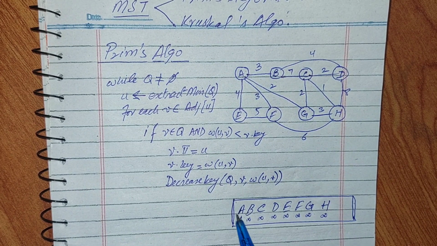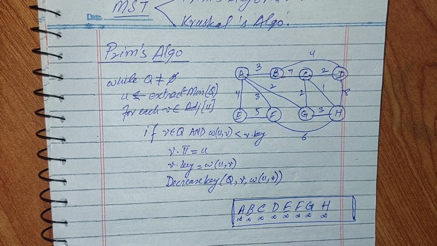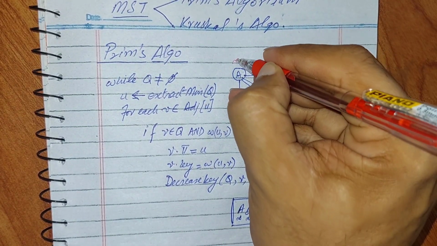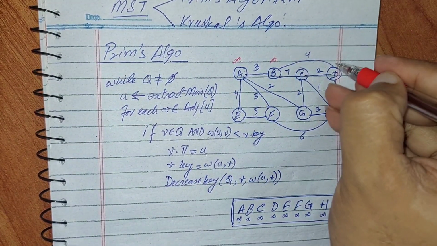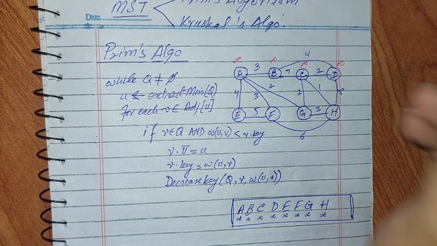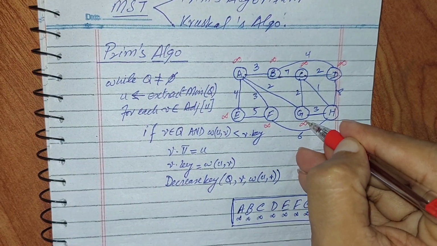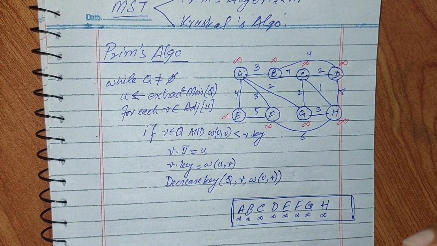For that, we have just created a queue, and we inserted all the vertices in this queue, and the key value of every vertex is infinity. That is marked here. So in this execution, I mark infinity at every place, so that this can be updated during the execution.